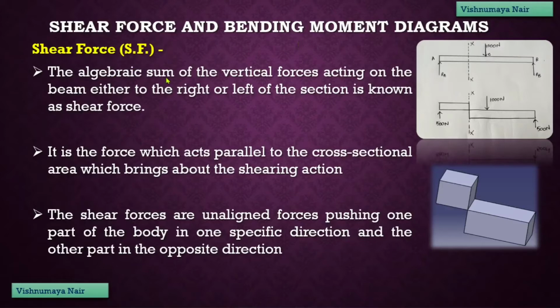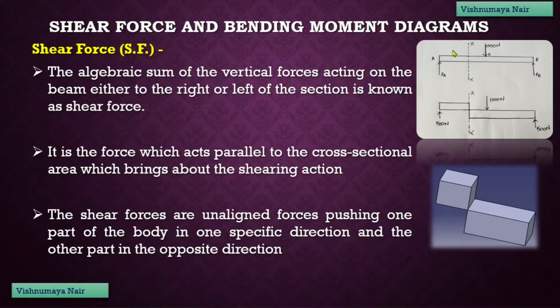Now shear force is the algebraic sum of the vertical forces acting on the beam either to the right or left of the section. Now consider the left side of the section. We have 500 Newton. Okay, and consider the right hand side of the section. Here also we have 500 Newton. The only difference is that on the left side it's acting upwards and on the right side it's acting in the downward direction. So in order to find out the value of the shear force at this section, we just need to consider any one side of the section.